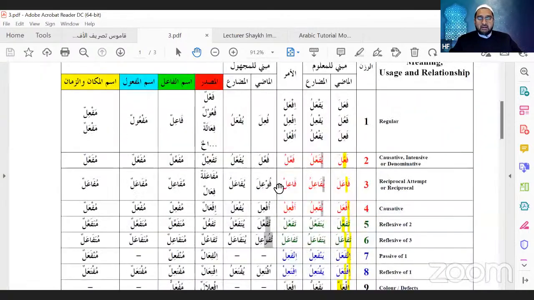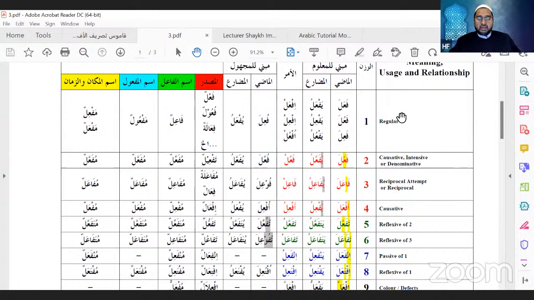So what they have done, they've put only the 3, fa'ala, fa'ula, fa'ila, not mentioning that the present tense of fa'ula is only 1 form, so they did it slightly different. But the way I've done it, it's better to memorize it that way.